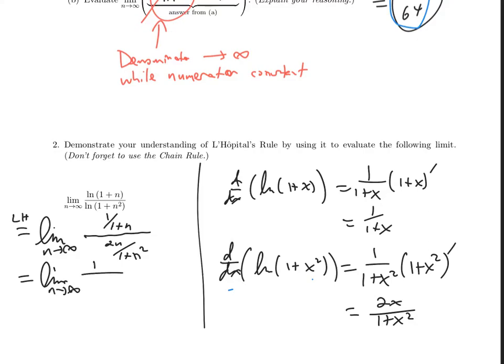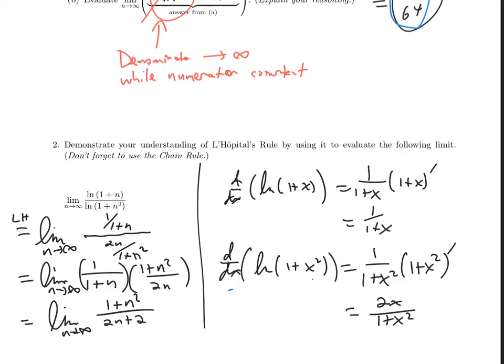I'll have the top fraction times the reciprocal of the bottom fraction. And so that is the limit as n goes to infinity of 1 plus n squared over 2n plus 2n squared. So that's the same problem.